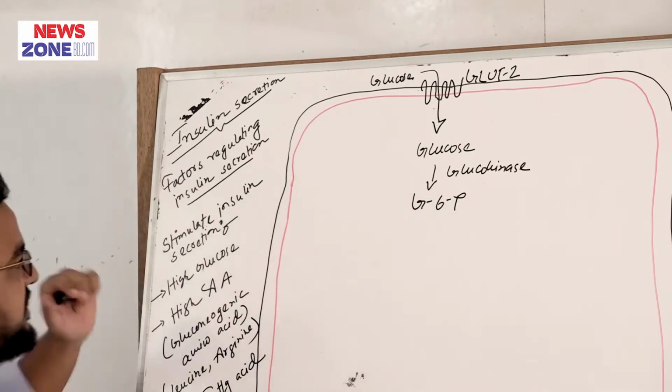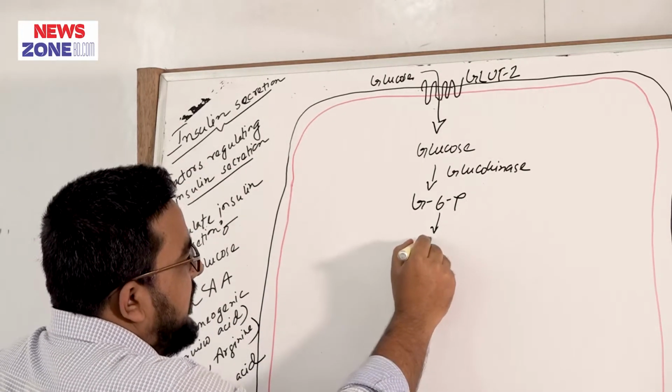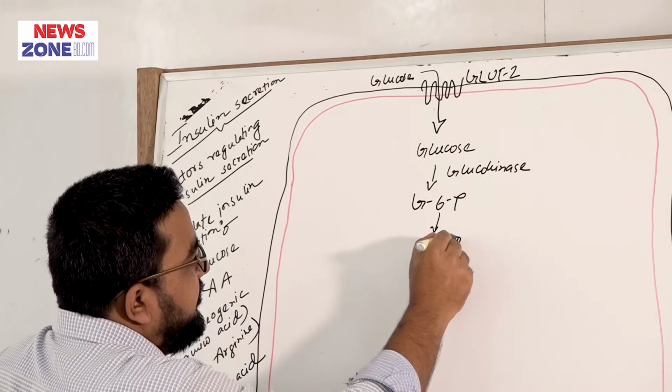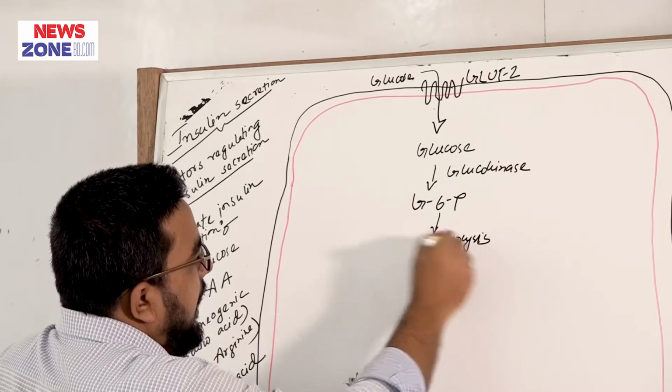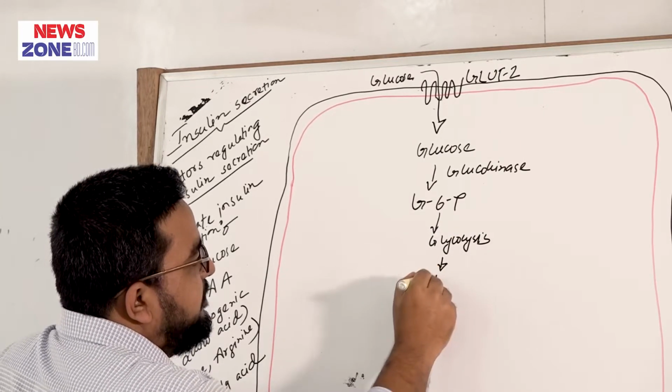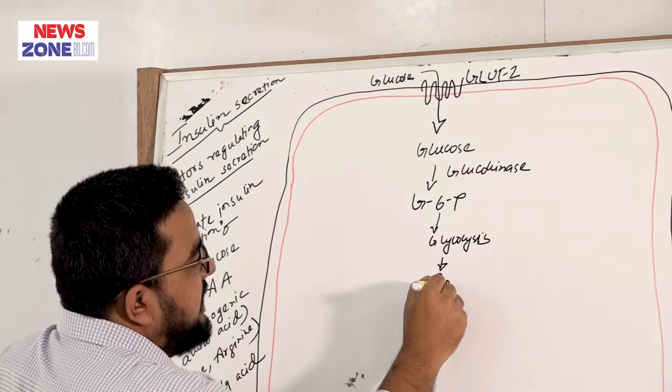Then this glucose 6-phosphate undergoes glycolysis, and from glycolysis pyruvic acid is synthesized.